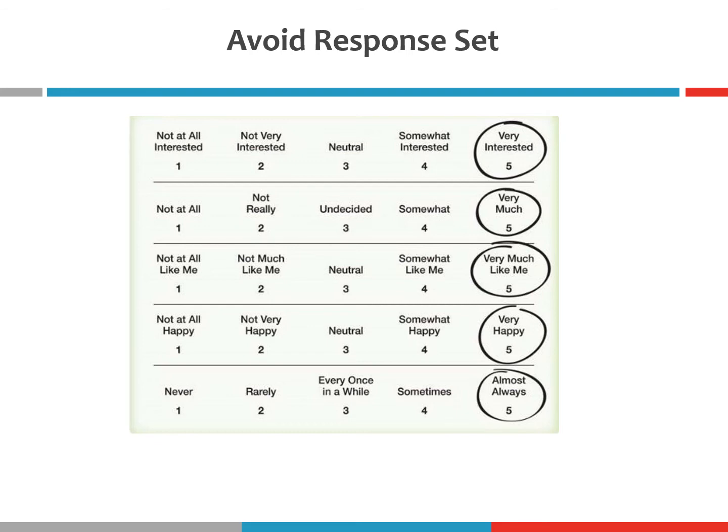If your respondent catches on and says, okay, I'm pro sororities or fraternities, they might just circle very interested for all of the questions without actually reading them and giving an individual assessment to each item, right? So how do we avoid this, or how do we correct for this?